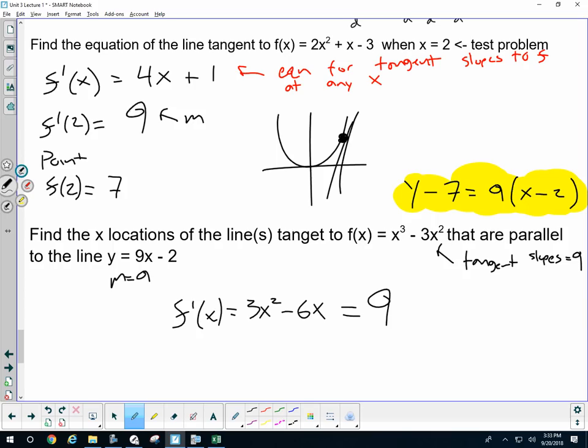All right, solve this. It's been a while since we've had to solve equations. And boy, oh boy, if I had a nickel for every time I saw a student do this, I'd be a rich man.